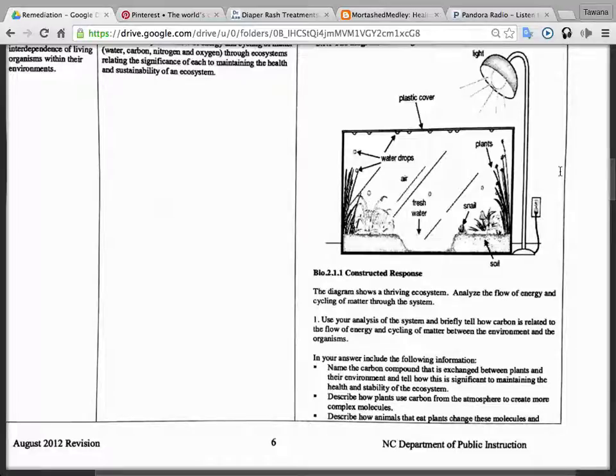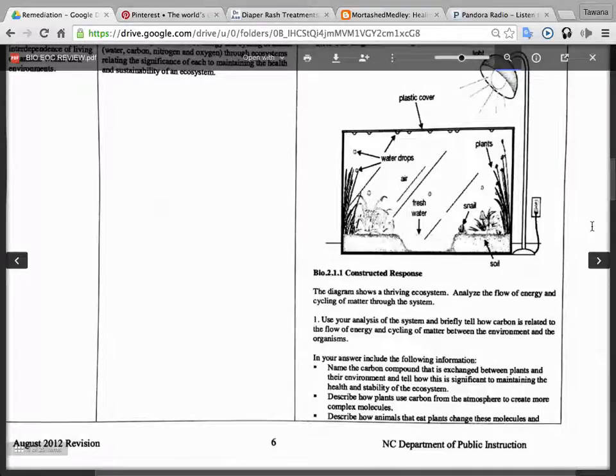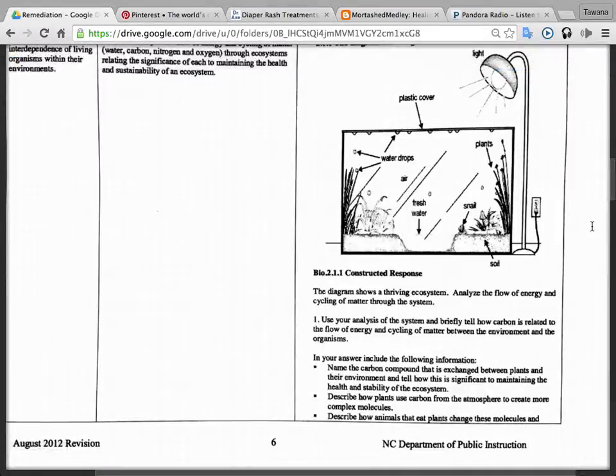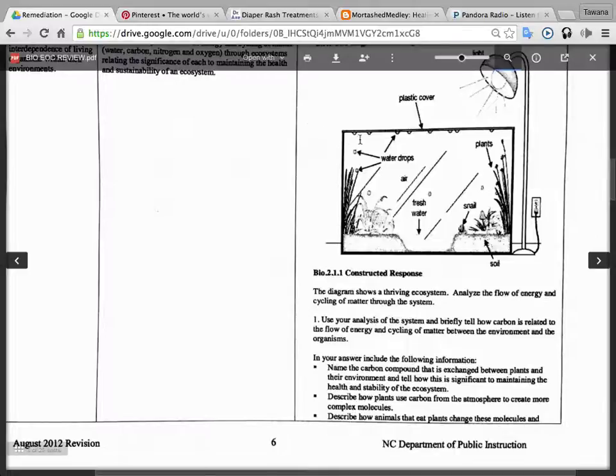And how do you know that cellular respiration is occurring? How do you know it's doing that? Is the snail dead? No. Do you see water droplets?